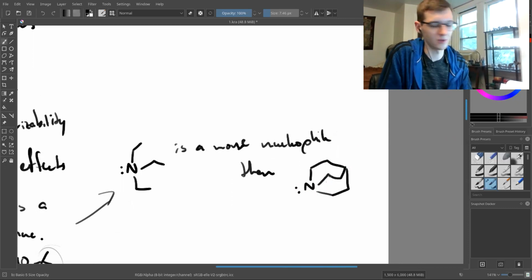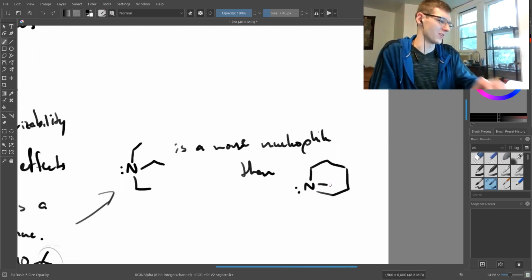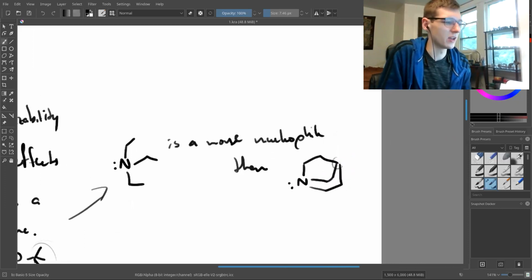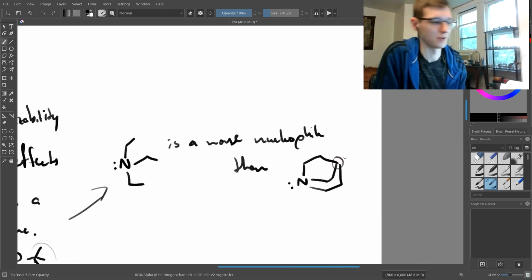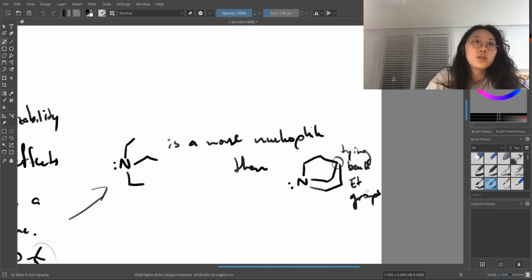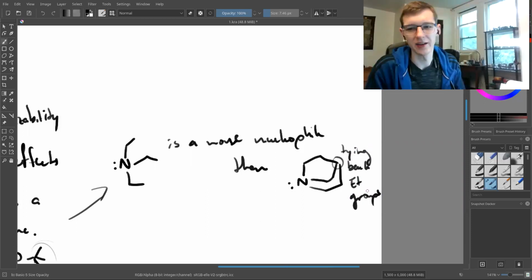So let me try to draw this better. Okay, so if you see what's happening here, you are tying back the three ethyl groups. So usually any kind of branched structure would be more sterically hindered than a ring, right? Yeah.